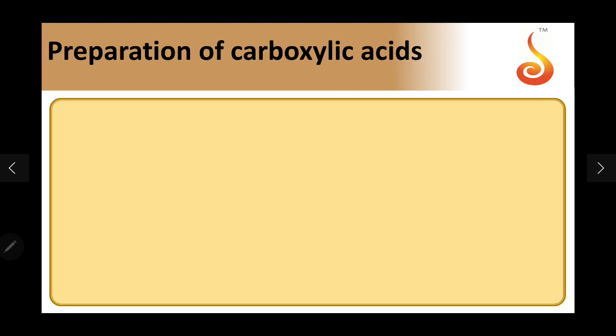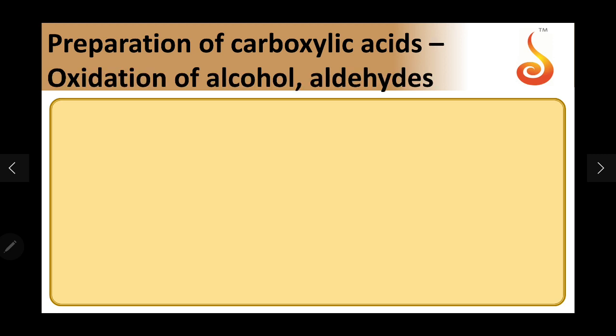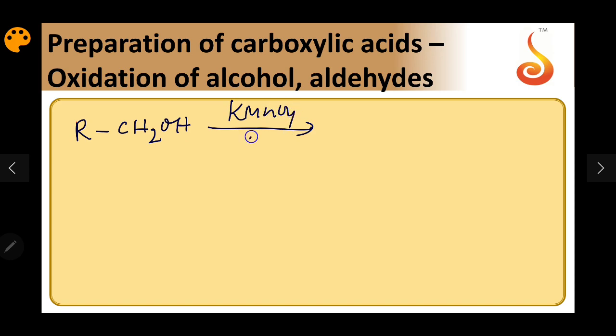So moving to carboxylic acids, preparation methods of carboxylic acids. The first method is oxidation of alcohols and aldehydes. RCH2OH, a primary alcohol, on strong oxidation with KMnO4 in OH minus, becomes RCOOH.